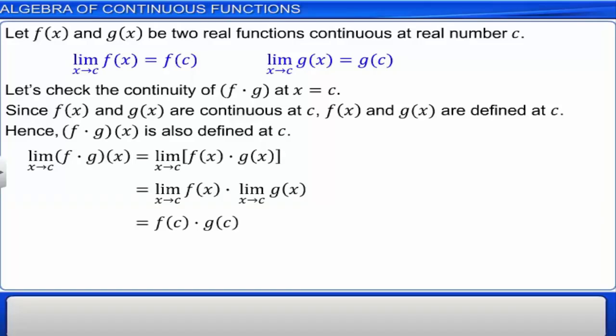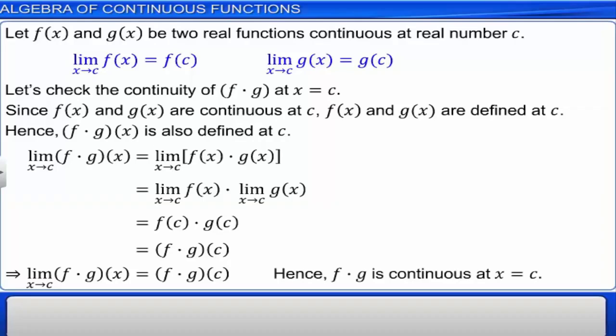So the limit of f of x as x approaches c is f of c, and the limit of g of x as x approaches c is g of c. By the property of multiplication of functions, we get (f into g) of c. This implies that the limit of the product of the functions is continuous. Hence, f into g is continuous at x equal to c.